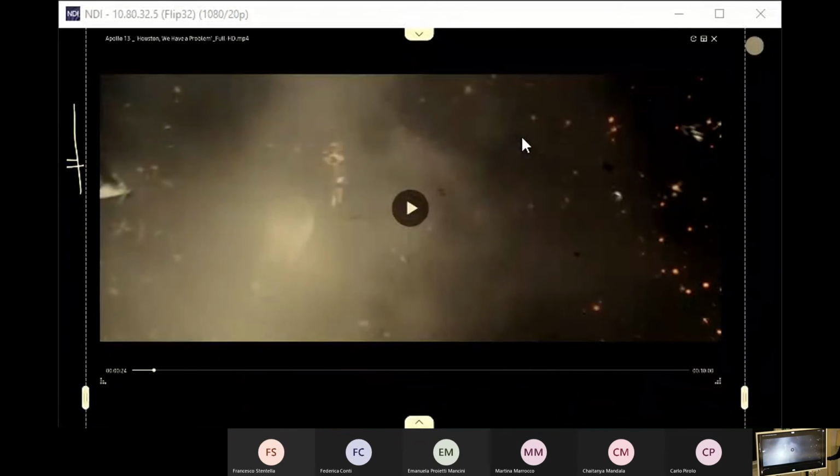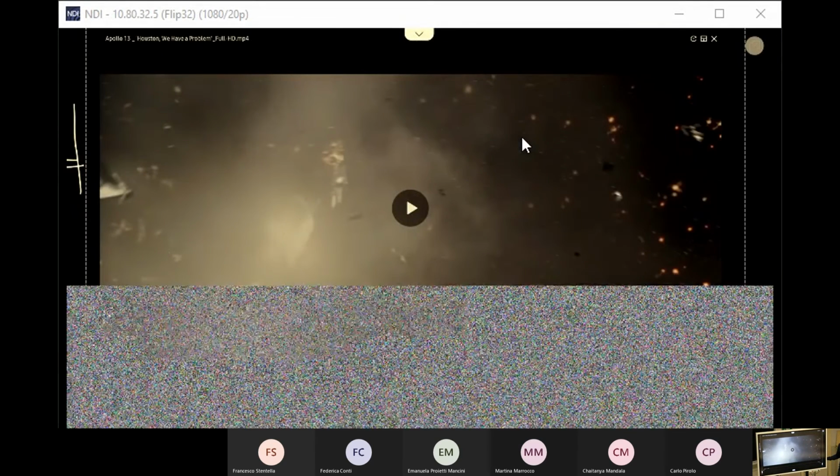So for those of you who don't know about this, the astronauts of the Apollo 13 had an issue regarding the explosion of one of the oxygen tanks, which lost pressure, and the other one also kept on losing air in space. And basically they were eventually forced to enter into the LEM, the lunar entry module, which was a module defined only to enter and to land on the Moon, because this was one of the missions which aimed at landing on the Moon.